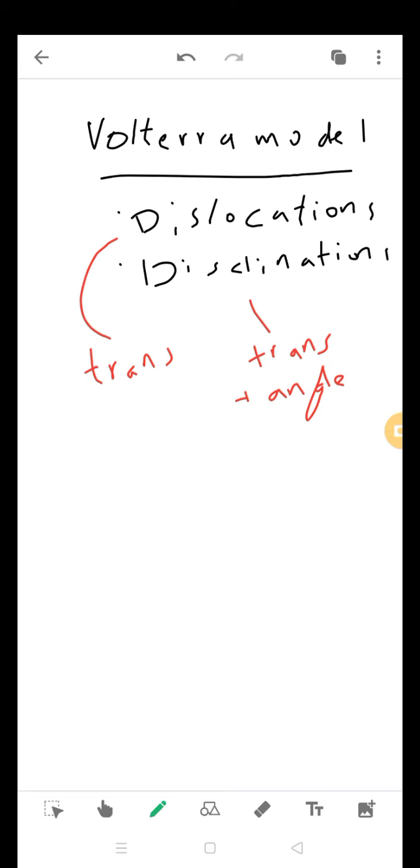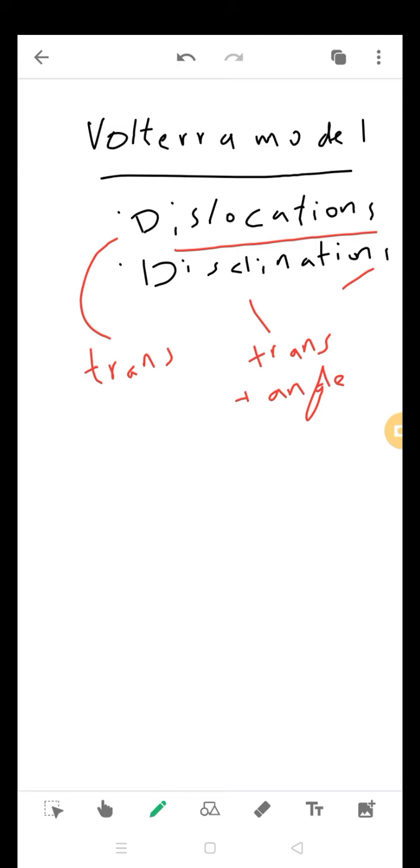So, in metals and alloys, mainly dislocation takes place, whereas it's very rare in metals and alloys to have anything called disclination.